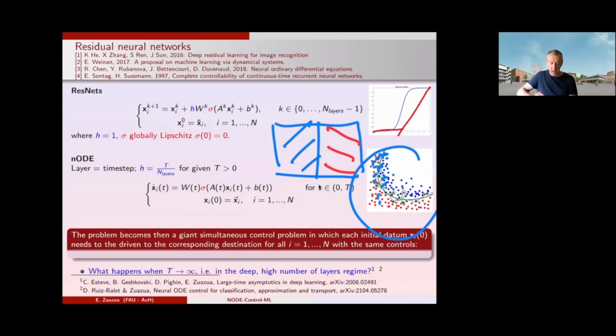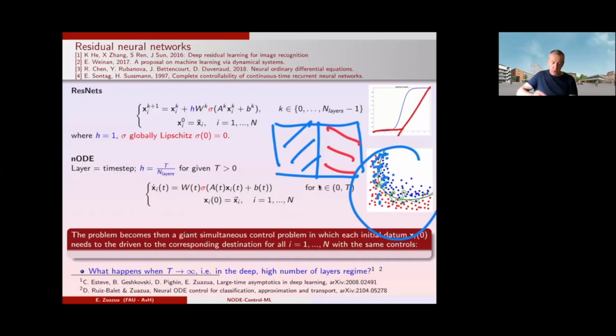This is a non-autonomous differential equation because the nonlinearity not only depends on the state x, but also depends on the time variable t, right? The sigma, even when we consider the ReLU, is a Lipschitz function. So there is no problem in terms of the application of the Cauchy-Lipschitz theorem for the existence and uniqueness of a solution for the Cauchy problem, right?